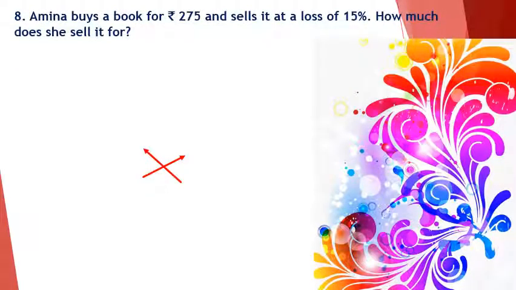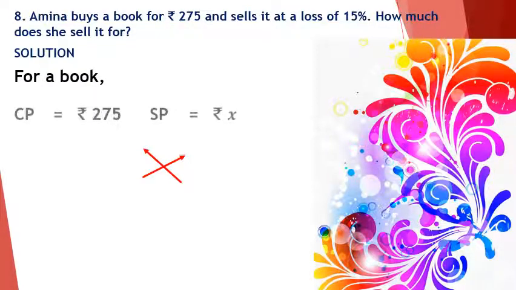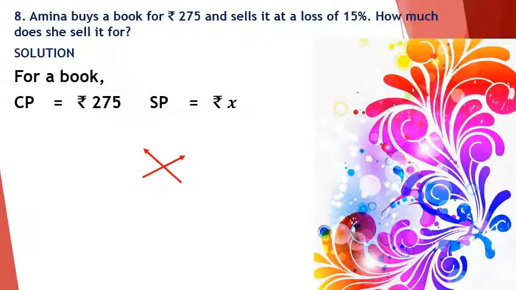Next question. Amina buys a book for rupees 275 and sells it at a loss of 15%. How much does she sell it for? So for the book, CP equals rupees 275. SP we don't know, we have to find out.